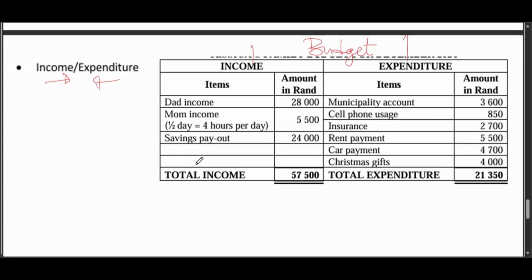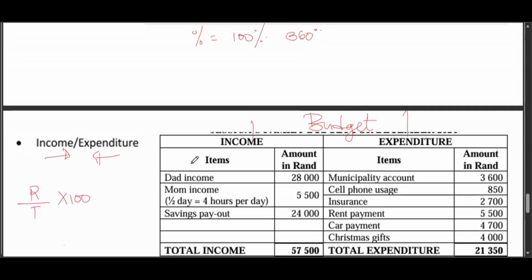How much do you spend? How are you planning to spend it? And for example, they might also ask you to express the rent payment as a percentage of the total expenditure, meaning rent over total expense times 100. You understand? Okay.